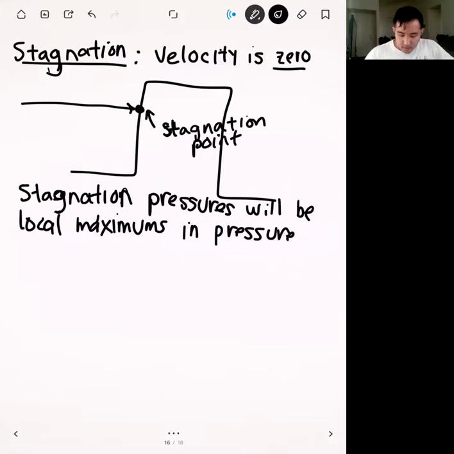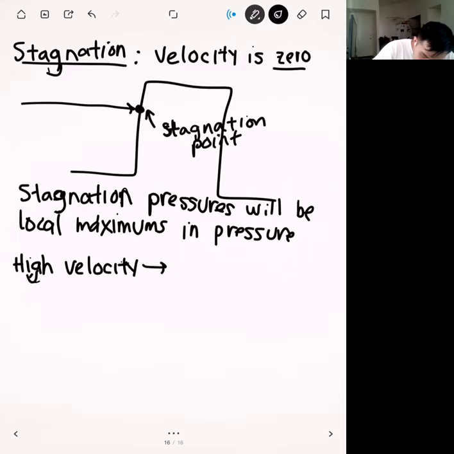All right. And that brings us to another important relationship, which is the relationship between velocity and pressure. Typically what happens is that if you have a higher velocity in your flow, that means your pressure is going to be small. And the opposite is true too.